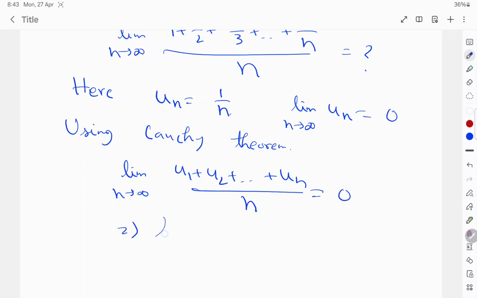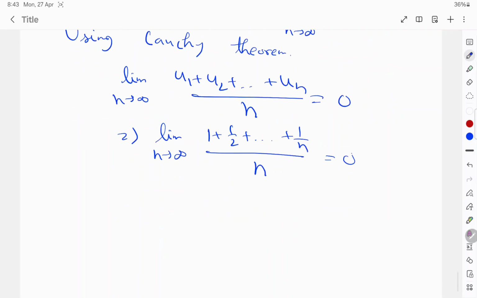So this is nothing but that term, so 1 plus half plus dot dot dot 1 by n divided by n equal to 0, right? Okay.